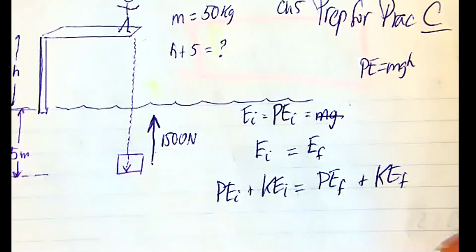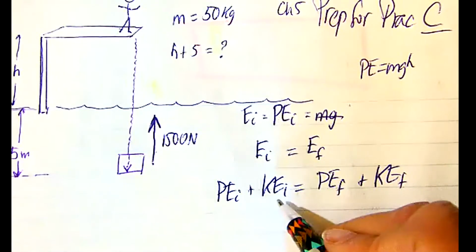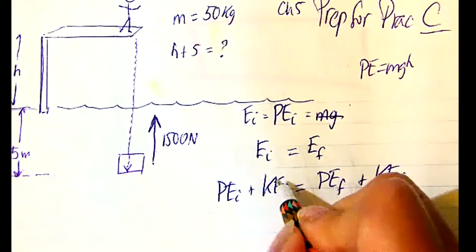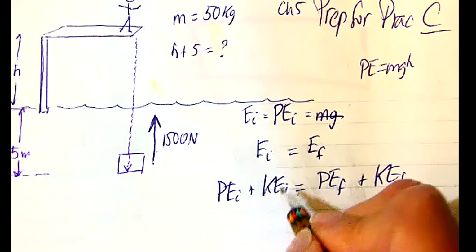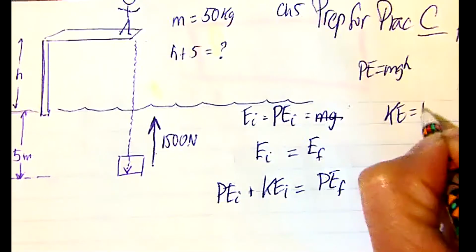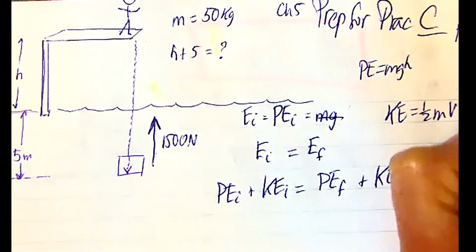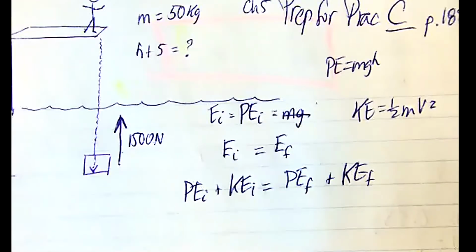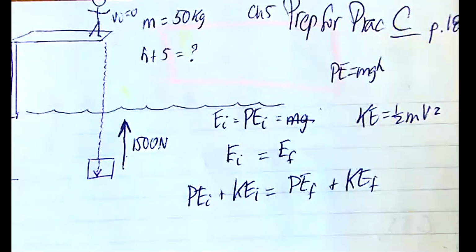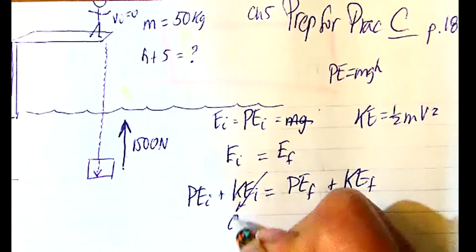All right, so initially he's not moving. Right here, he's not moving, so the velocity initially is 0. Remember, kinetic energy is 1/2 mass times velocity squared. So initially up here, his initial velocity is 0, and if that's the case, then his initial kinetic energy is 0. So this one here goes to 0.